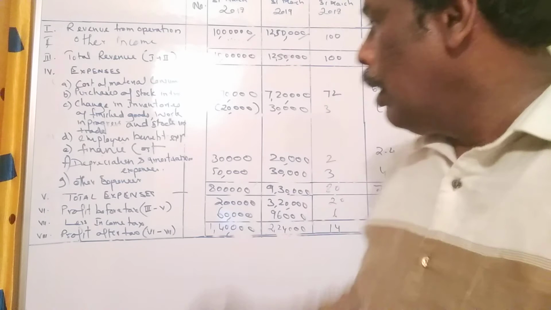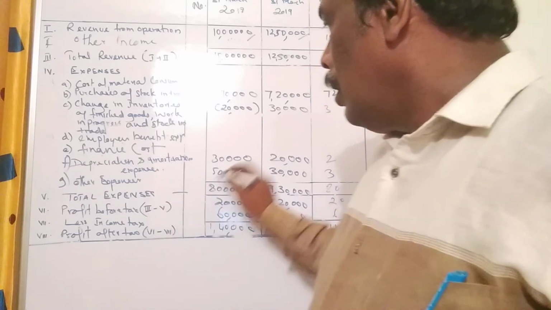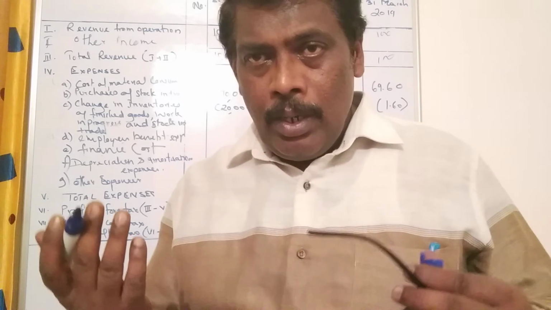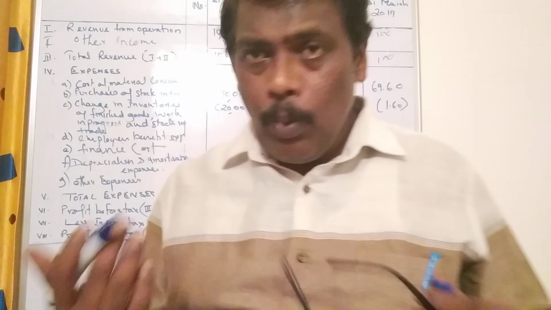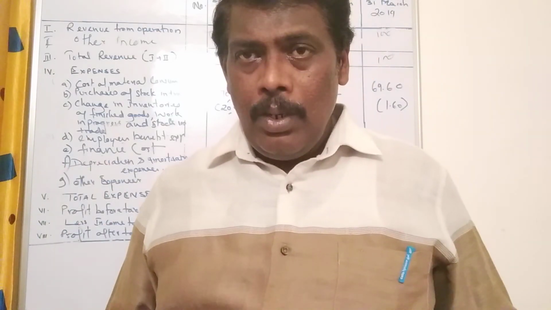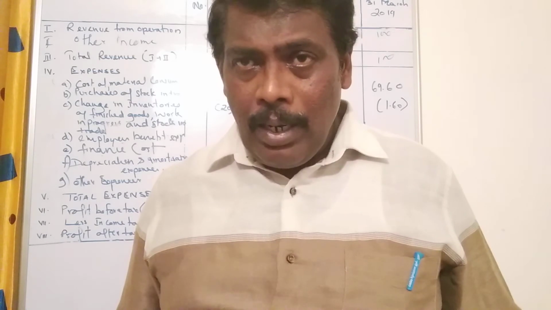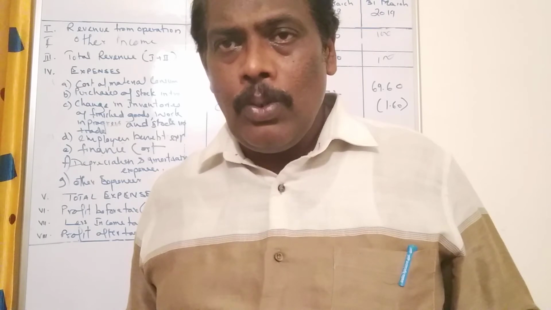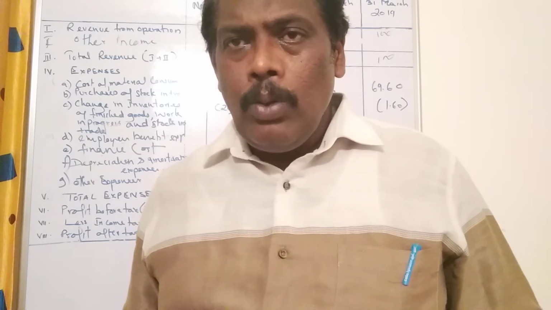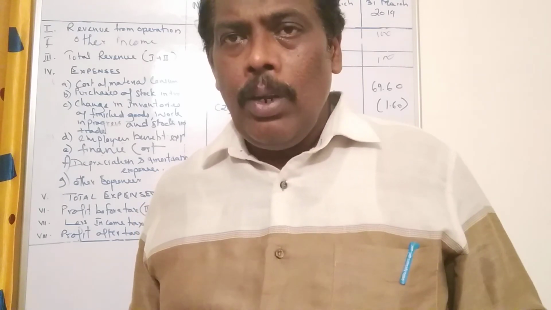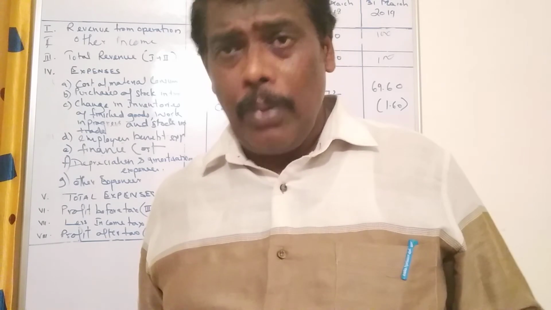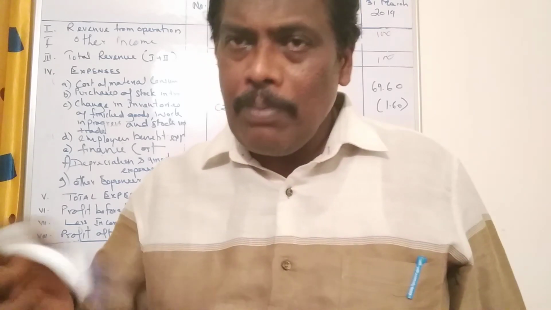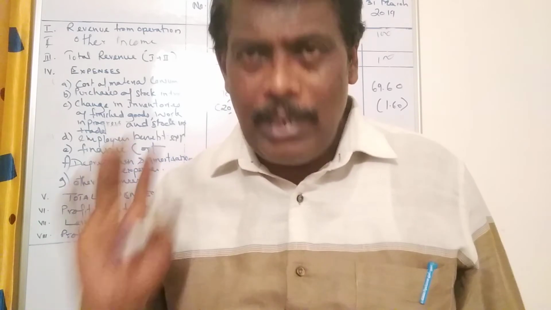Got it? Next, we know what income was generated and how much expense we incurred. Now the next step is to find out whether we are in profit or loss. Simply we have to subtract these two heads, income minus expenses.